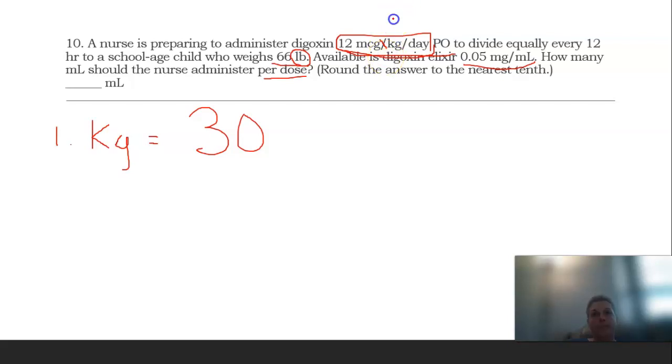Okay? So what are you going to do? You're going to go back to your recipe. What does my recipe call for? My recipe calls for 12 micrograms for every kilogram.